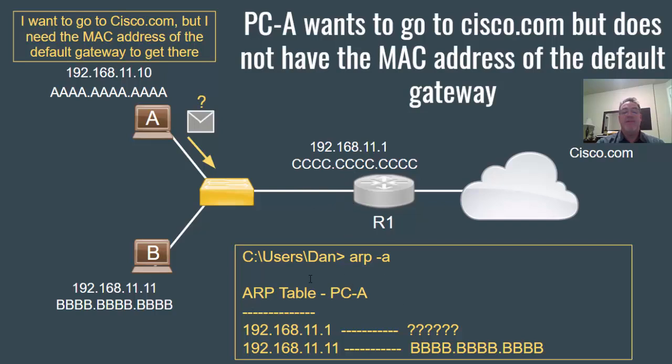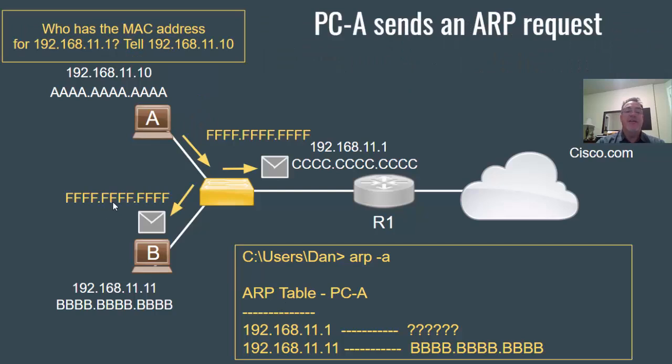But in the ARP table, PCA does not know the MAC address of the gateway. It doesn't have an entry for that. So what's it going to do? It's going to send out another ARP request, broadcast with all Fs in the destination MAC address field, and it basically says, who has the MAC address for 192.168.11.1, the default gateway?